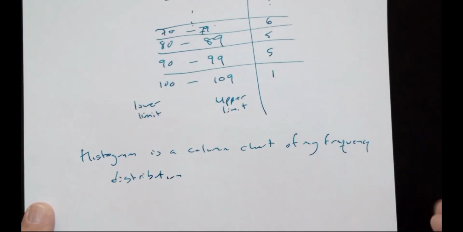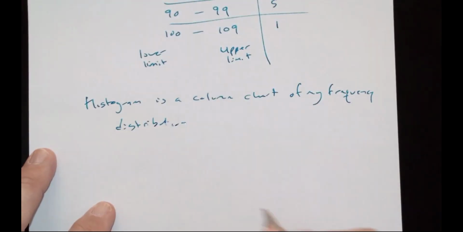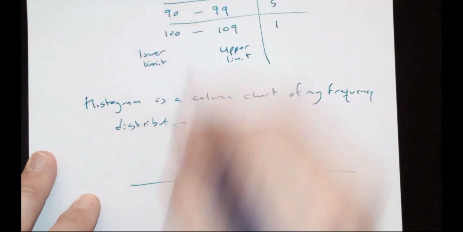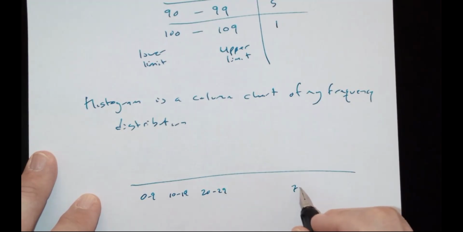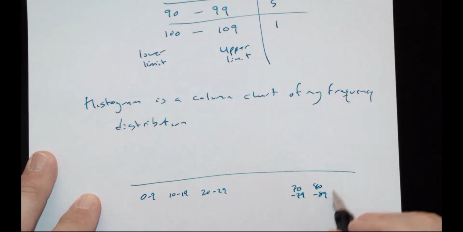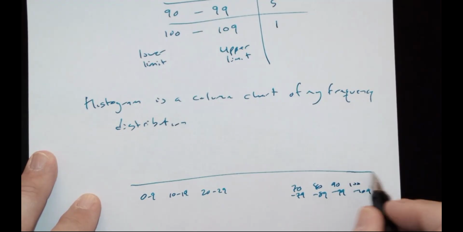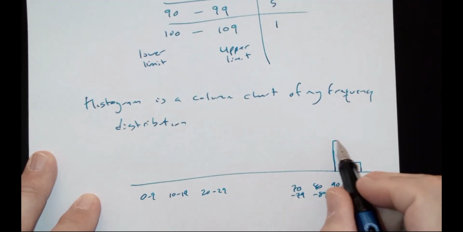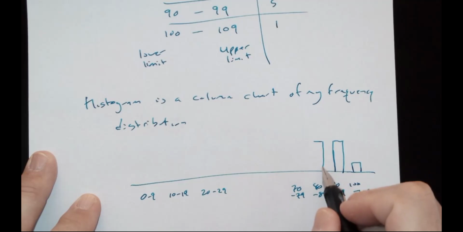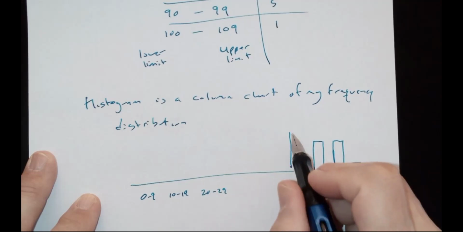And because I have all of these bins, I would get a height of 1, a height of 5, another height of 5, a height of 6.